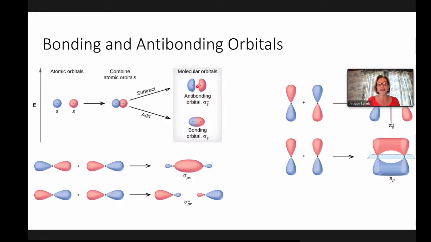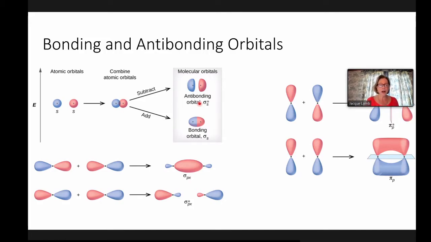We call that an anti-bonding orbital, and we give that the designation sigma star s. Sigma, because it lies on the axis of the two nuclei. Star, because its electron density region is outside the nuclei, so it acts to destabilize the molecule. And the s means that it comes from the s orbital.